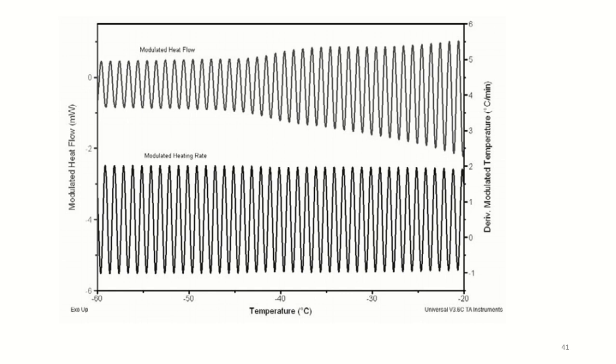This experiment was actually performed at an average heating rate of 0.5 degrees Celsius per minute on a frozen solution of 40% sucrose in water. The change in heating rate, which is the modulated one, is approximately 3 degrees Celsius per minute, which causes the modulation in the heat flow signal.